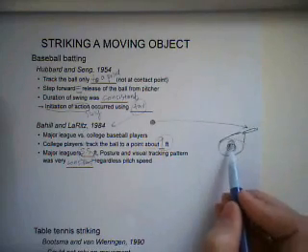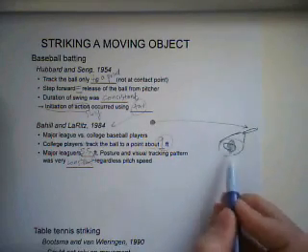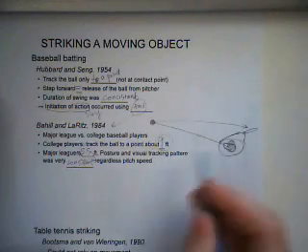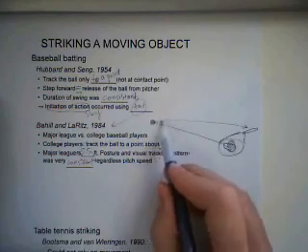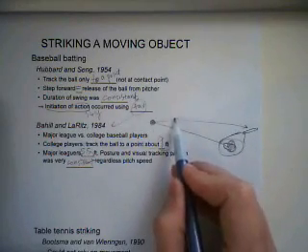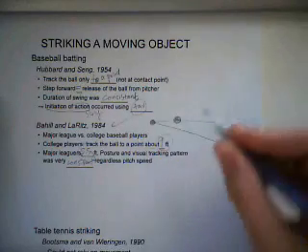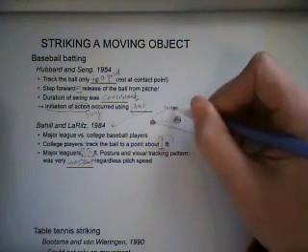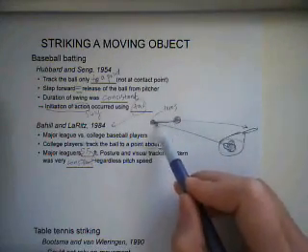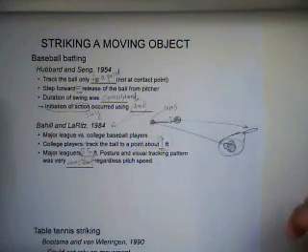Let's assume the ball is coming at a constant horizontal velocity, and within 10 milliseconds the ball travels from this to this distance.